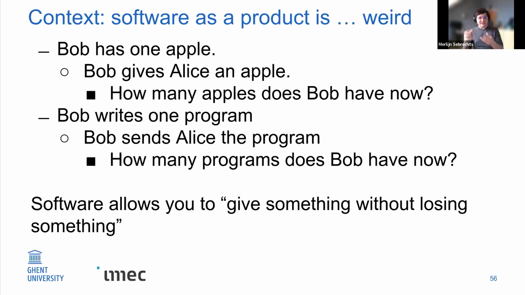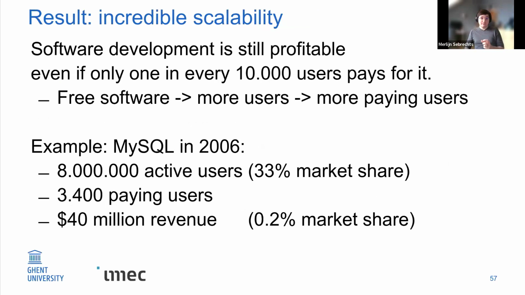It's irrelevant in the sense that if that number is 100 or 1 million, you will lose the same amount of money by creating the software, regardless of how many people are using it for free. And so, as a result, software development can still be profitable even if only 1 in 10,000 users actually pays for it. And that's where a lot of these open source business models come from.